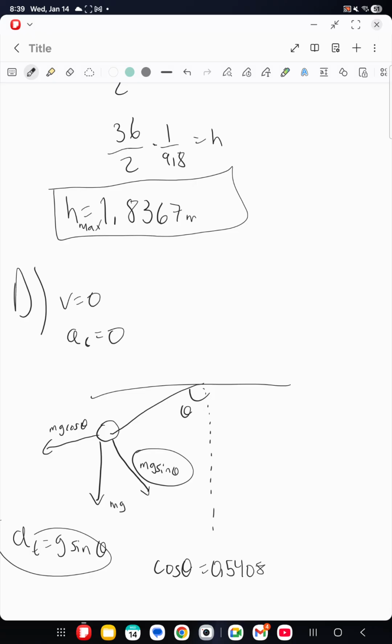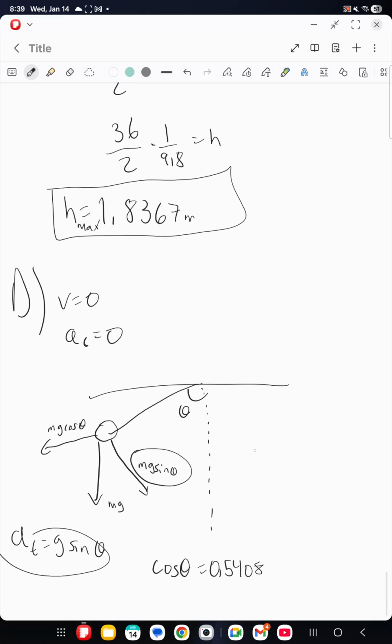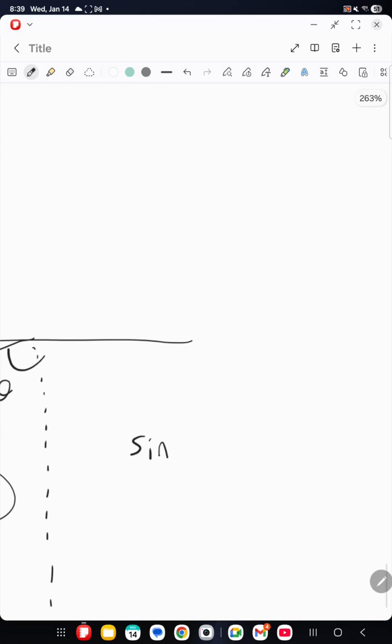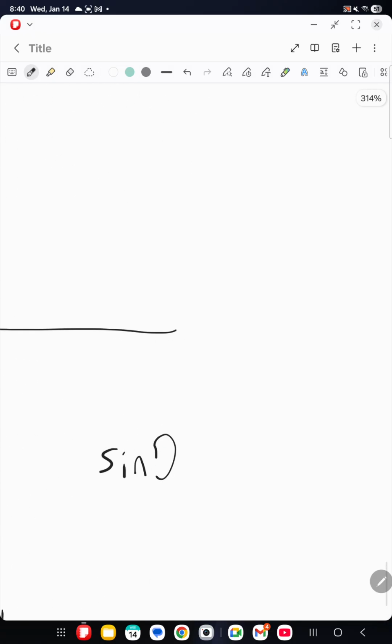And so we can find sin of theta through the basic trigonometric equations. Sin of theta will be equal to the square root of 1 minus cos squared.